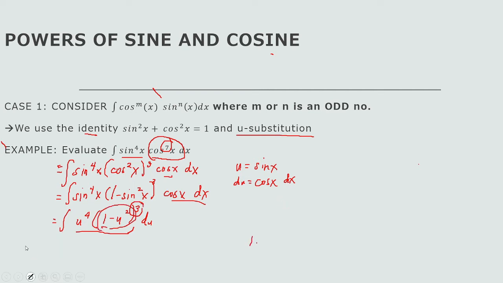I do not need to explain this since it was already discussed in your previous mathematics. But to give you a hint, this is 1, 2, 3. The exponent here is 3, so we are going to use the coefficients 1, 3, 3, and 1.